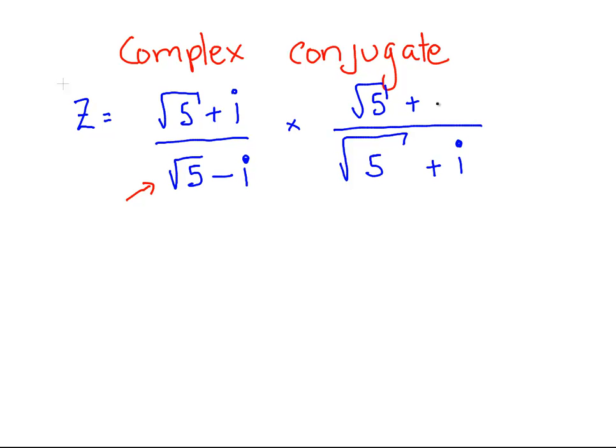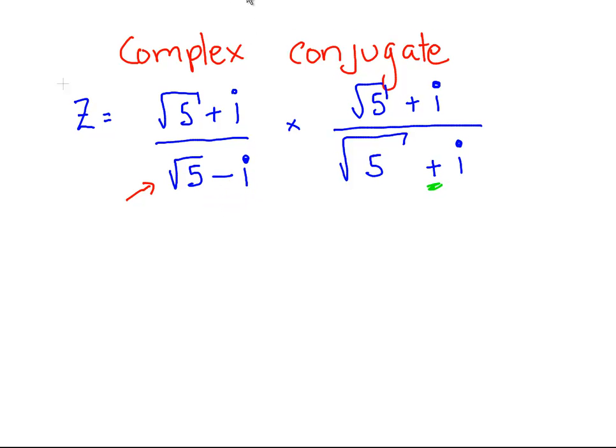Just to be clear, the complex conjugate of this number is essentially the same number, just change the sign between the real and the imaginary. That is how you compute the complex conjugate. So we have a minus there, and as a result we have a plus here. It's only incidental that the numerator is the same number.